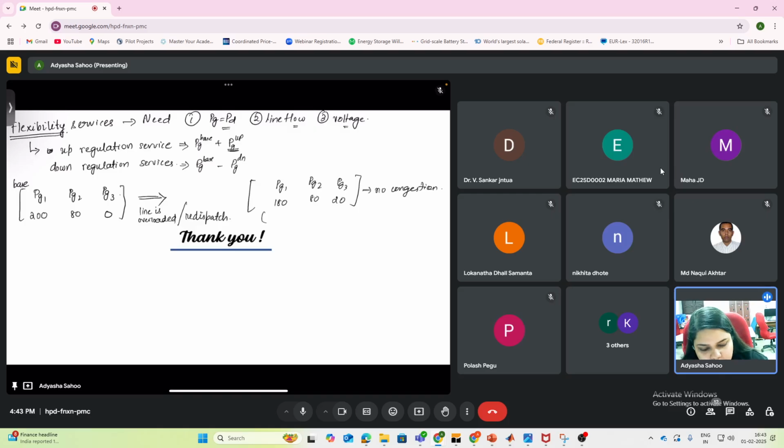So what happened to PG1, whether it is providing up regulation or down regulation, anyone? Earlier it was 200, now it is 180.